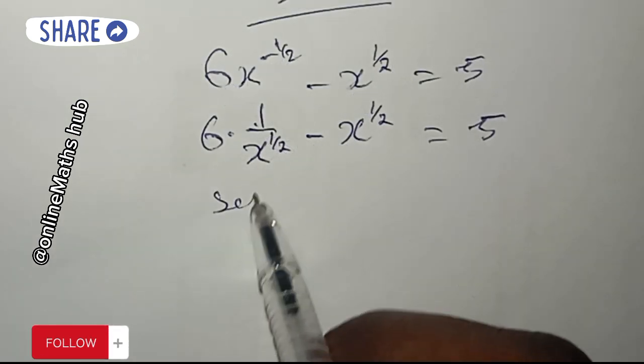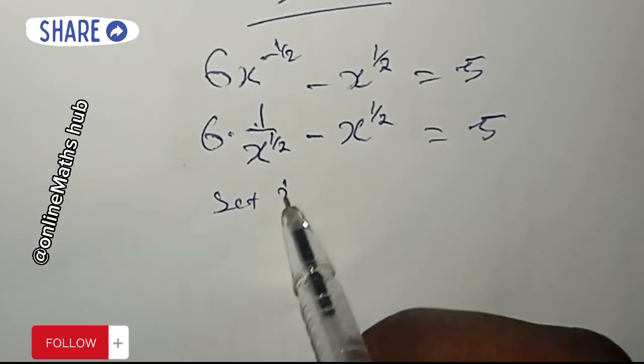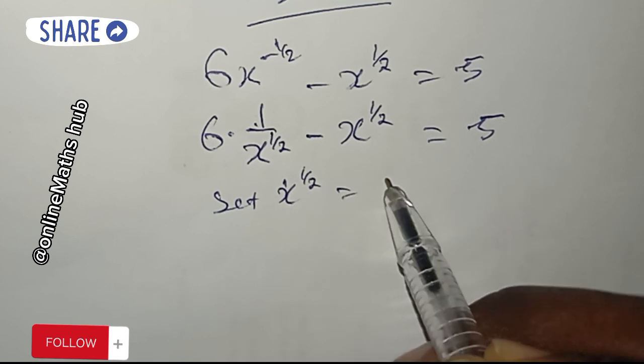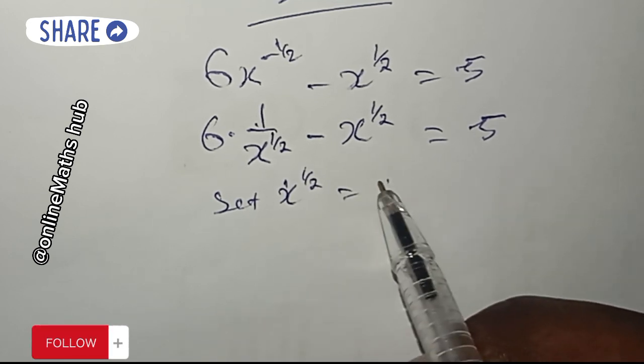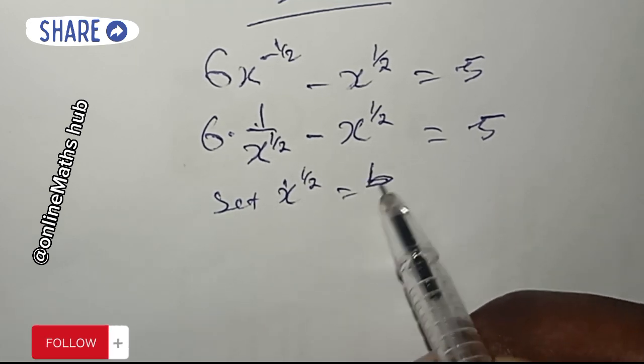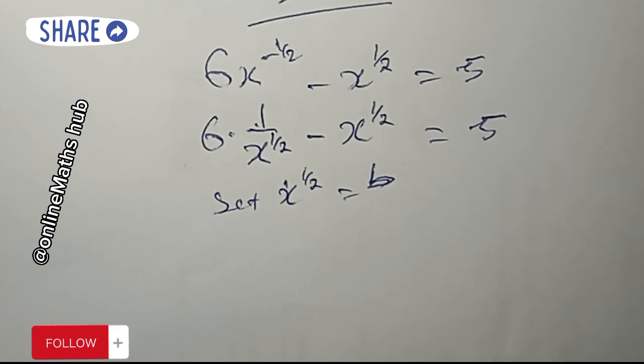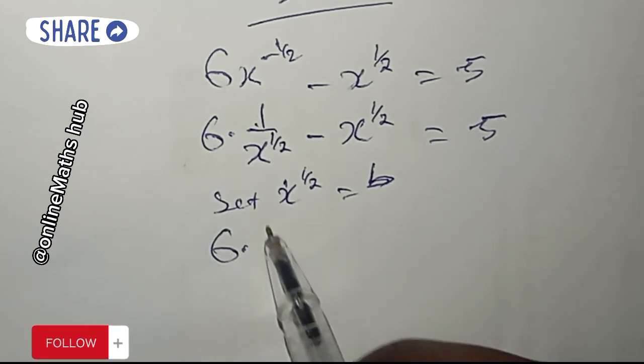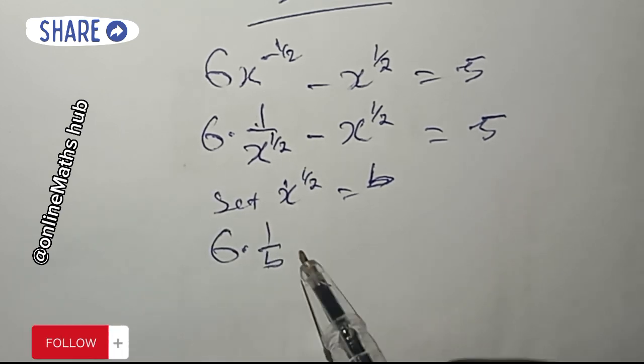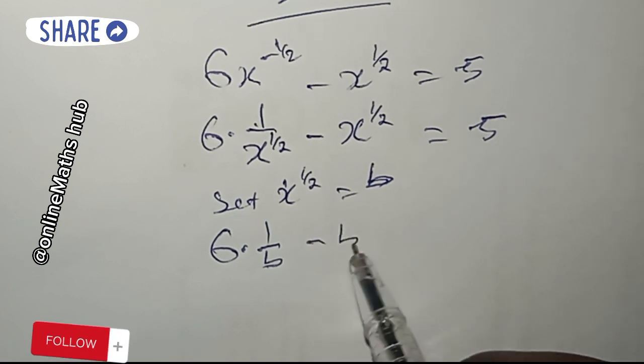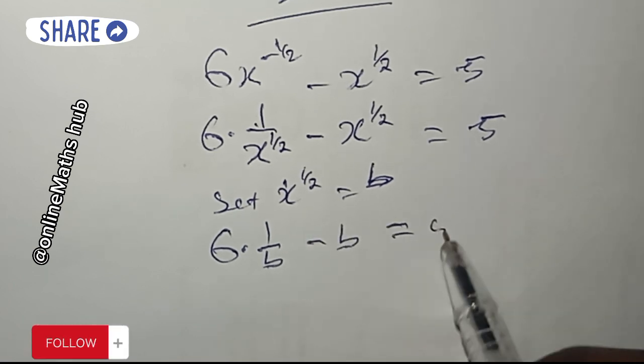Okay, so I can go ahead to set my x power 1 over 2 to be equal to, let's say, b, and this is going to reduce some of the variables I have, and then I can solve it easier. So I'm going to have 6 multiplied by 1 over b, minus b, is equal to 5.